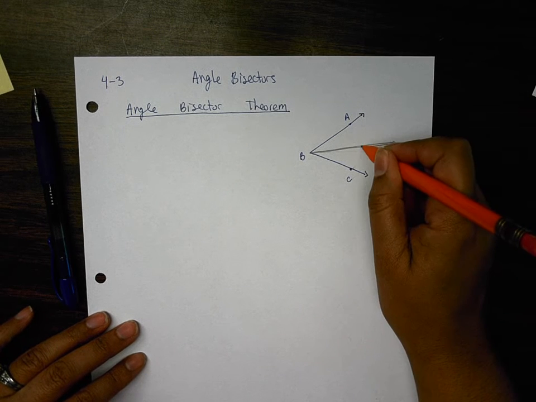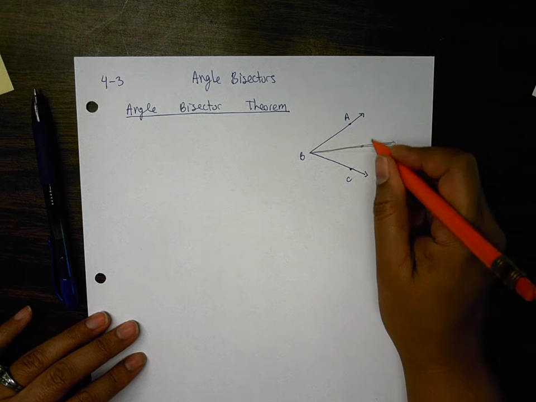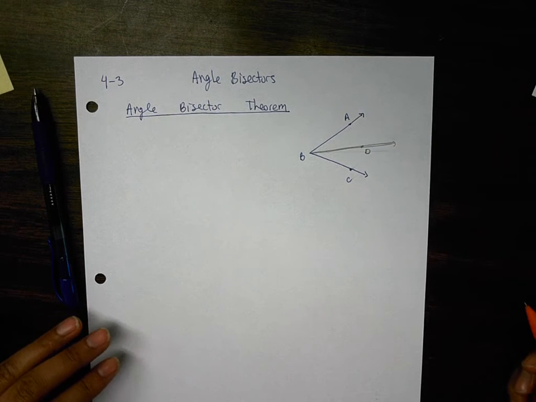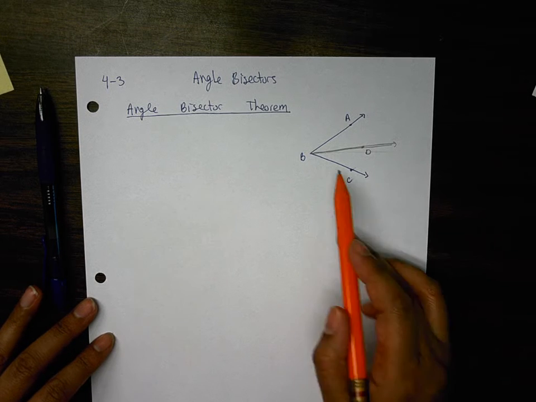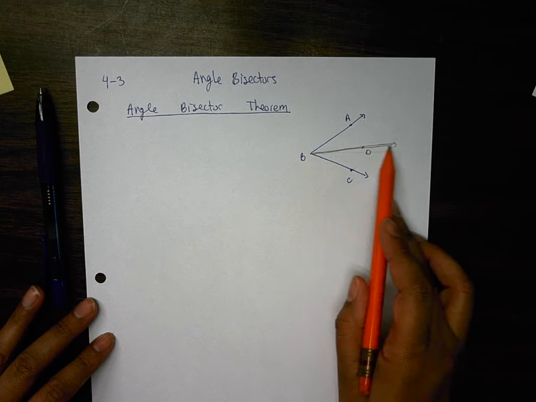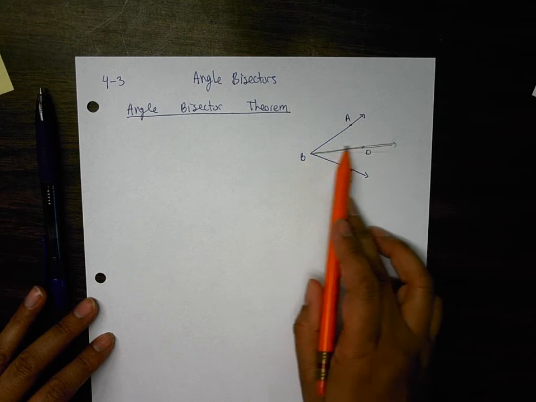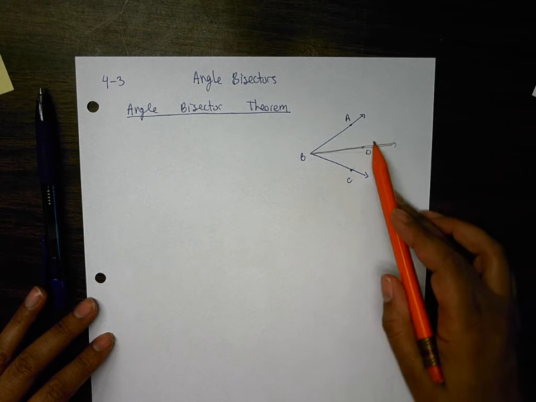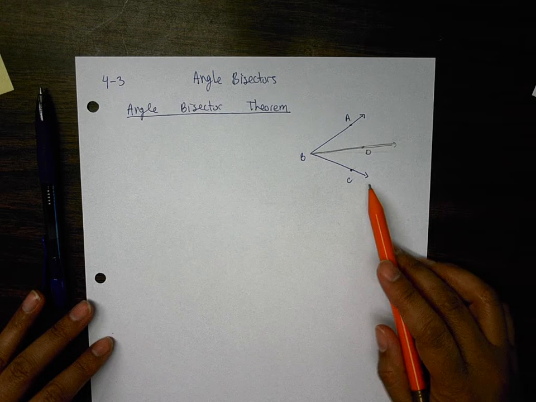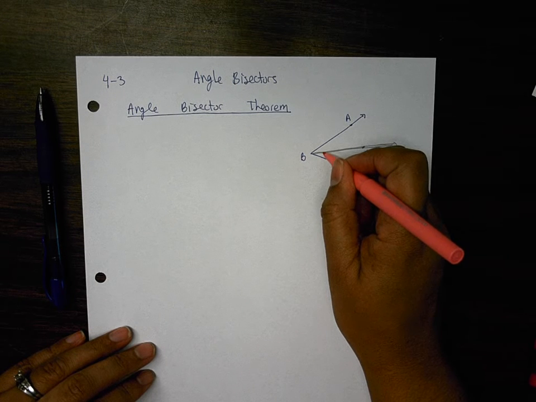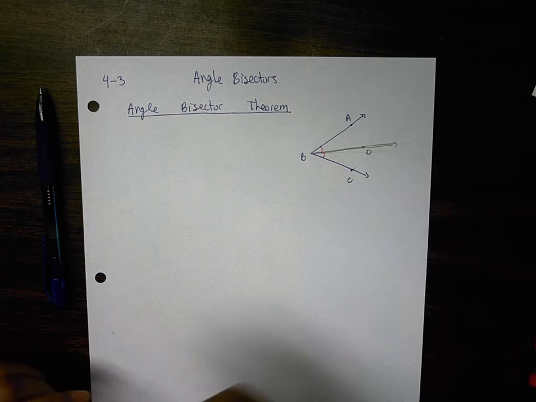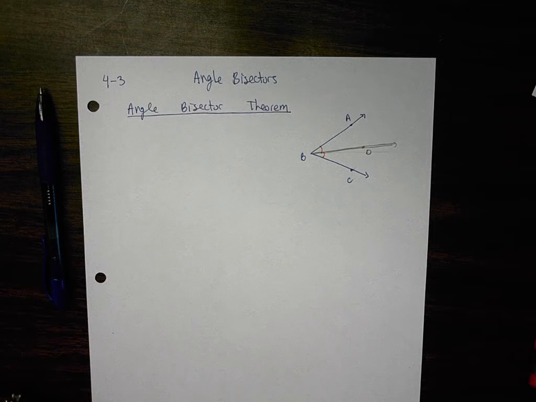And I'm going to call this point right here D. Okay, so what is the angle bisector? BD. BD bisects the angle ABC. Now, since I told you it is an angle bisector, what markings can I put in here? Congruent angle markings. Do you guys see that?